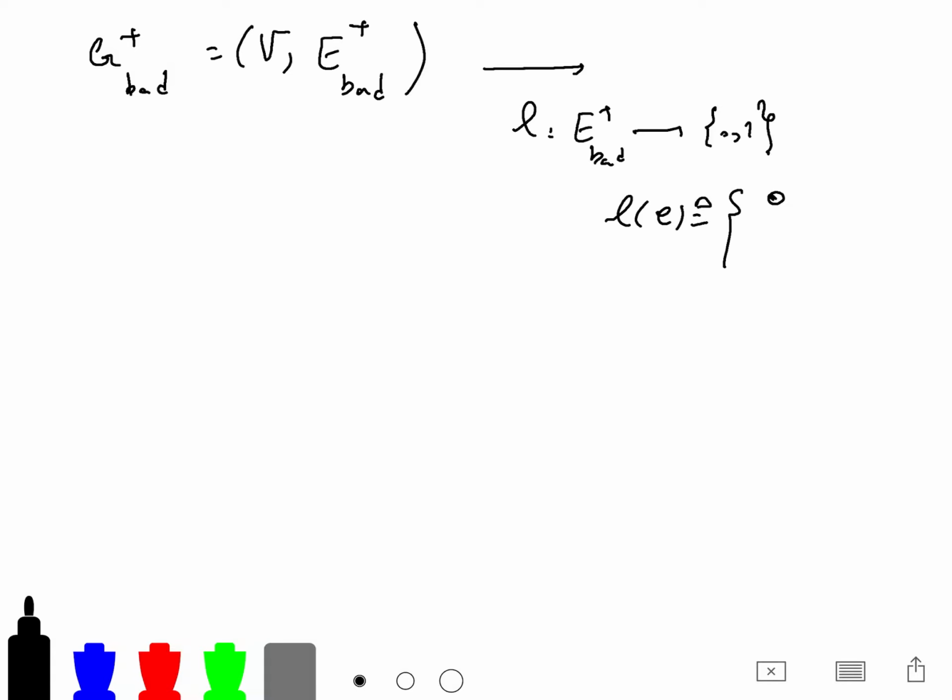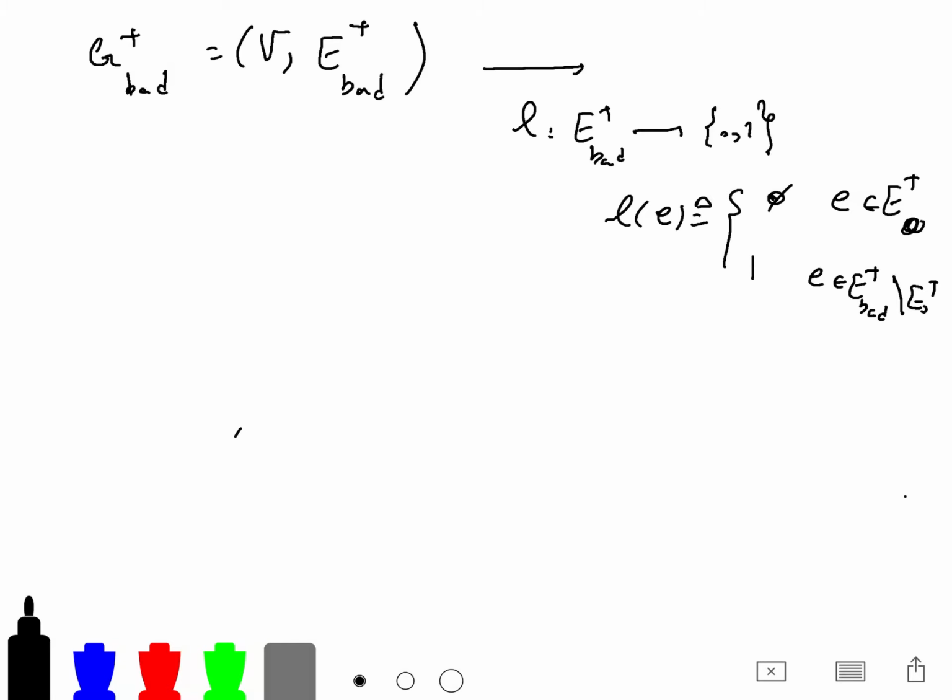So L of E, by definition, is 0 if E is in E0, meaning the distance between them is just 0. And if E is inside E plus bad but is not in E0 plus, then it is 1. So this is the length that we describe.